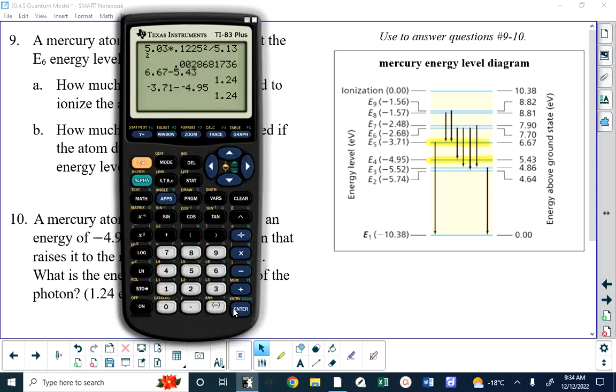At this point in time, you know the energy of the photon that's emitted because that's the energy change of the electron, and I just misspoke. It's a photon that's absorbed, I think, because it tells you it starts at E4 and goes up to E5.